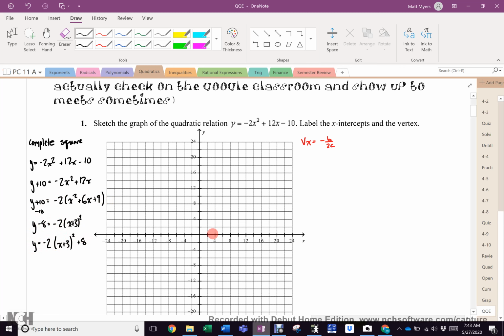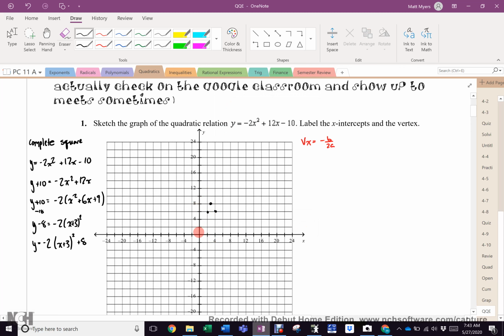So I go to plus 3, 2, 4. Each square is worth 2. So I go up to 3, 8 right there. And when I go over 1, I've got to go down 2 because it's stretched out. If I go over 3 to 0, I should go down 9, but I really need to go down 18.